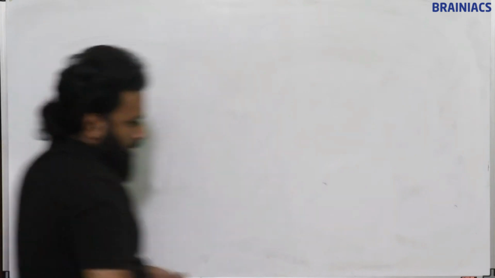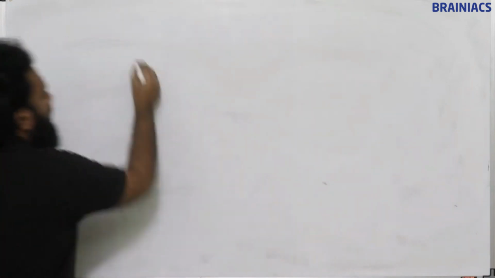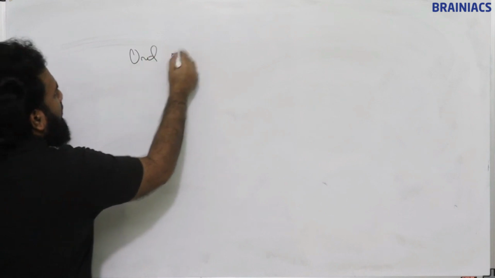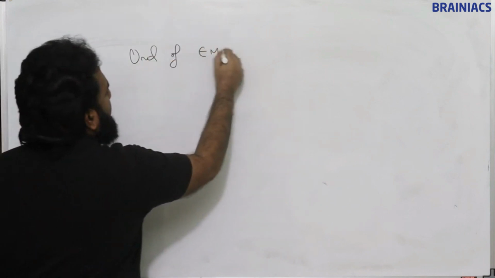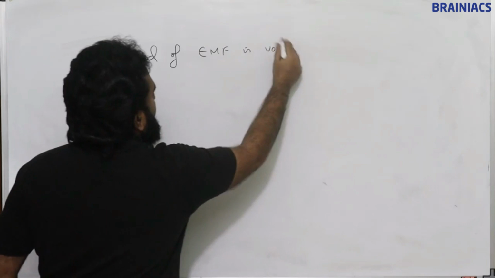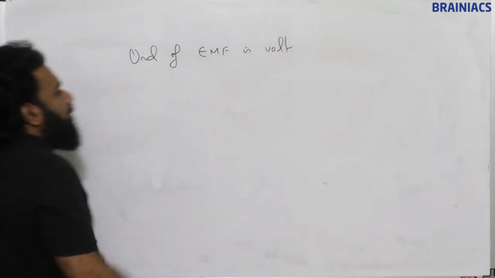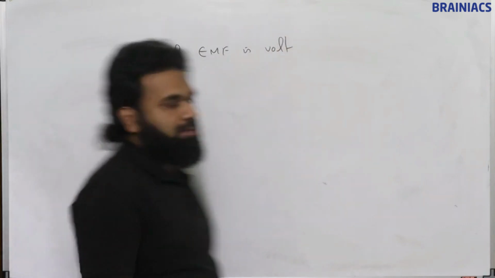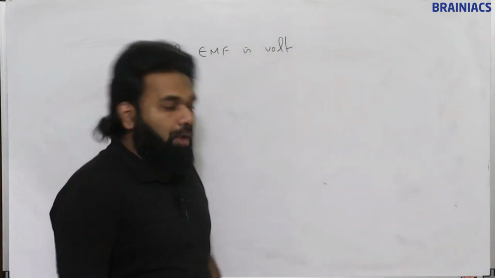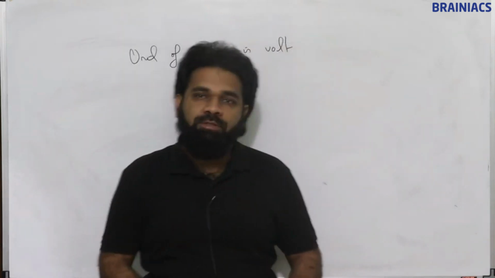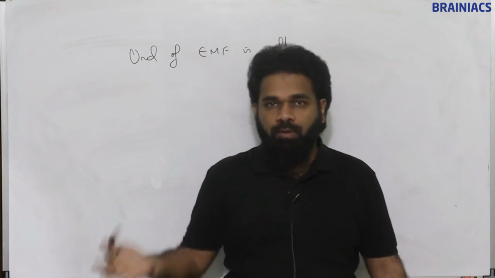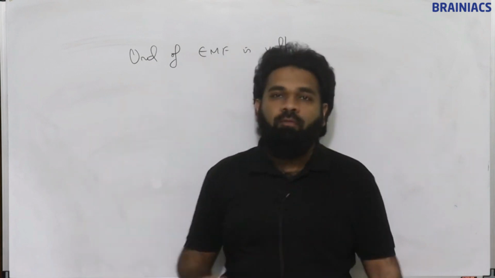Another definition is that EMF is the voltage difference. What is the unit of EMF? The unit of EMF is volt, not Newton. Since it is work done per unit charge, joule per coulomb, it will be volt.